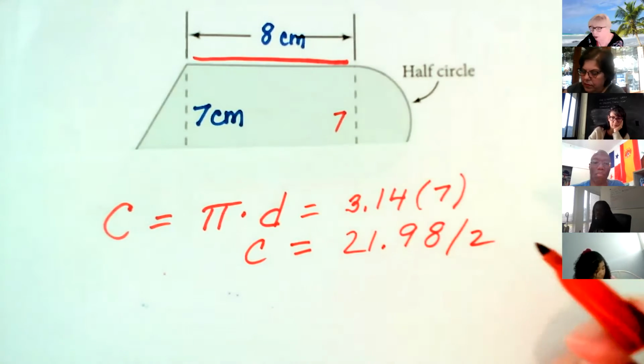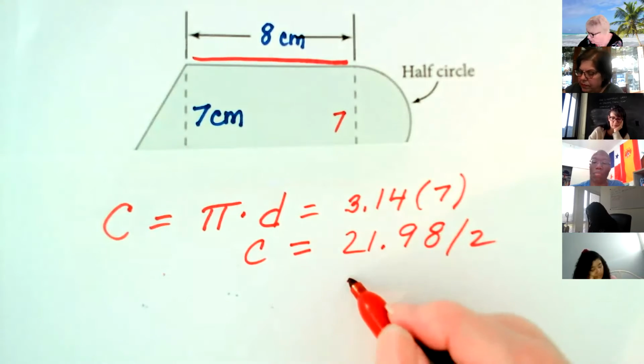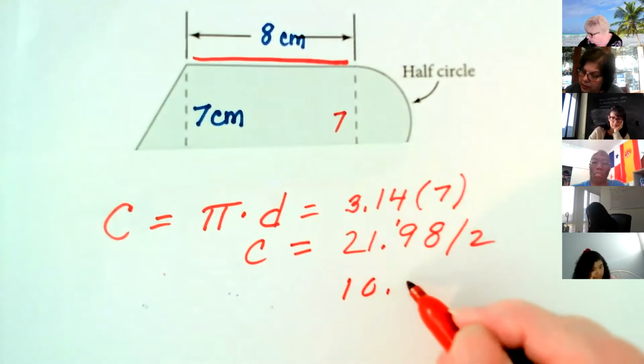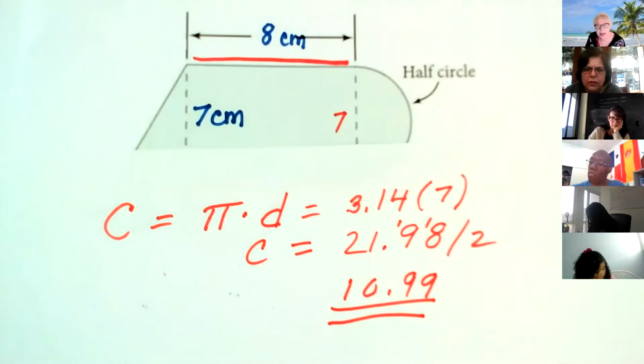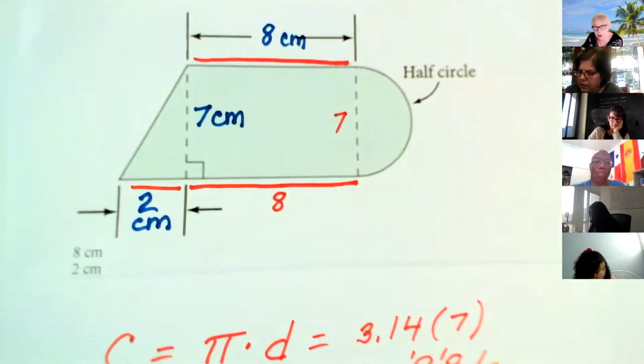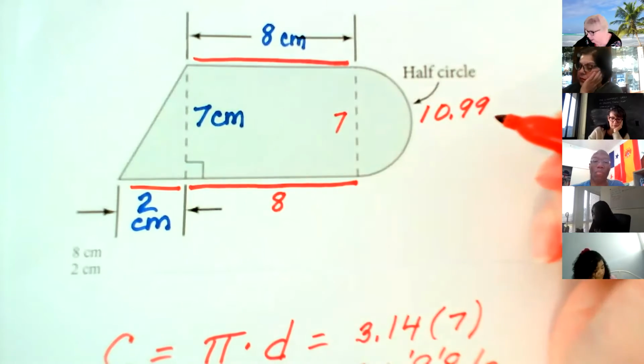So if this is 7, that's the diameter. And so if we continued with this formula, this would be 3.14 times 7. Now to save time, I'm just going to do this. 21.98. Okay, so if we had a full circle, it would be 21.98. But because it was a half circle, you're going to have to divide it by 2 because we only have half of this circle. So this is 10.99. So that's exactly half. And so this measurement right here has to be 10.99.